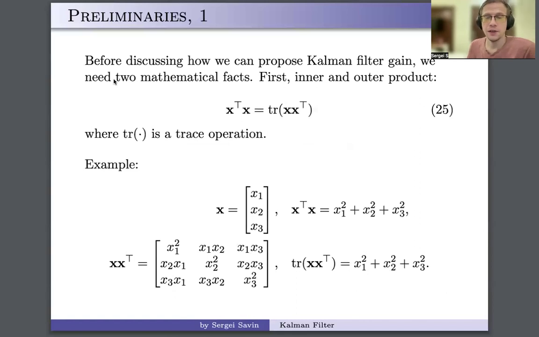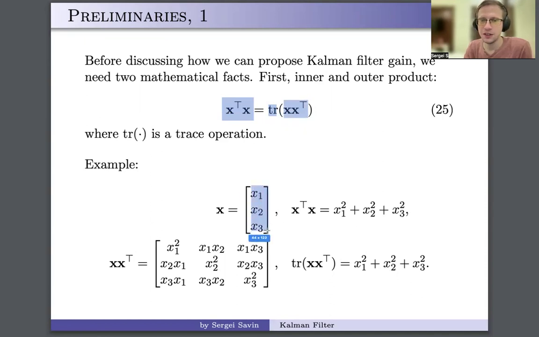All right. But we need just a couple more preliminaries for that. I apologize for mathematical content today is quite large, but yeah, a little bit more mathematics. So first of all, we need the fact that inner product is equal to the trace of the outer product. Why is this true?